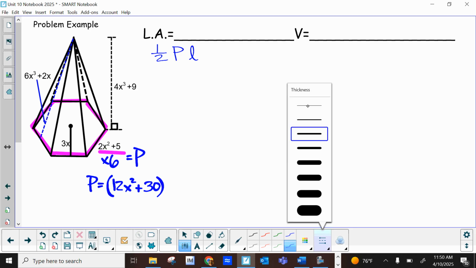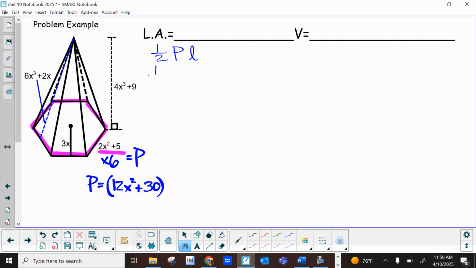Okay, so I'm going to plug that into my capital P. So 1/2, parentheses, this is a binomial, 12x squared plus 30. L is the slant height, which is this guy over here. So I'm going to put that in next. 6x cubed plus 2x.